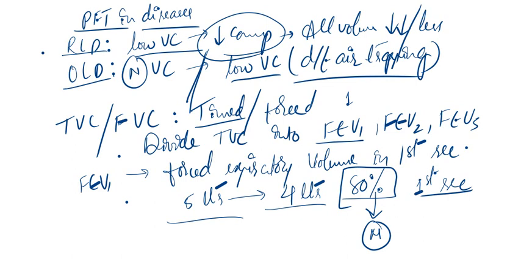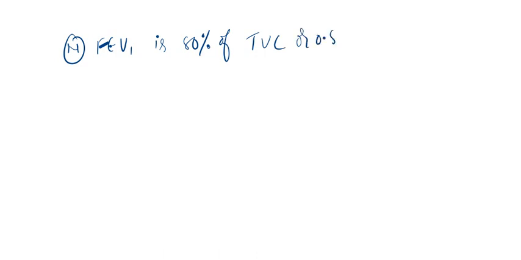Okay, so you can define normal FEV1 as 80% of timed vital capacity, or you can also say 0.8. Now what is meant by low FEV1, how can you count it?